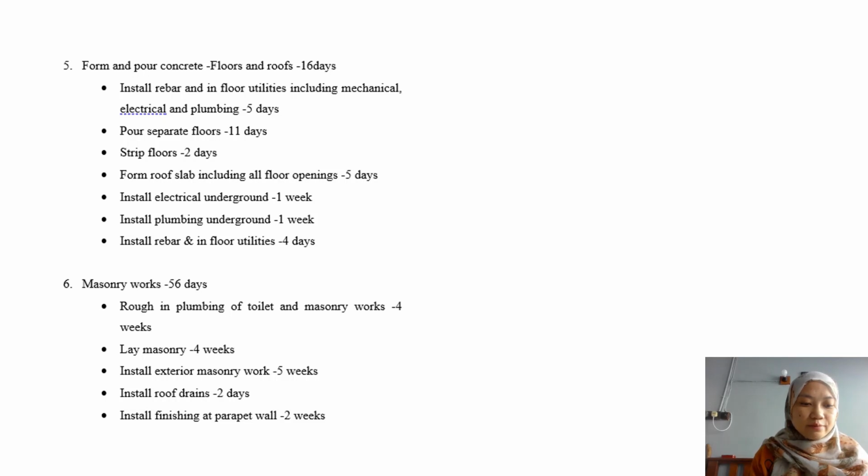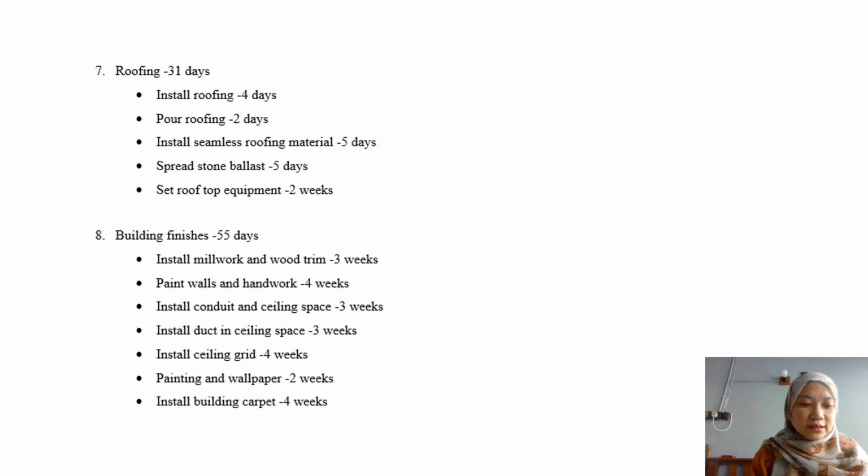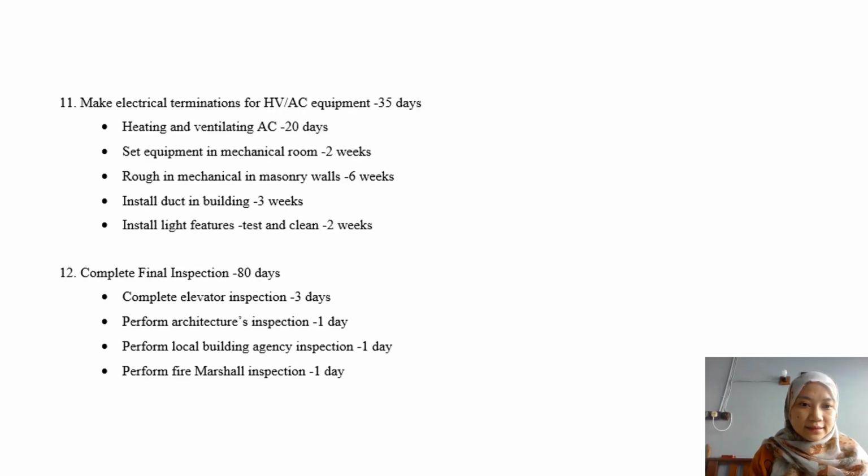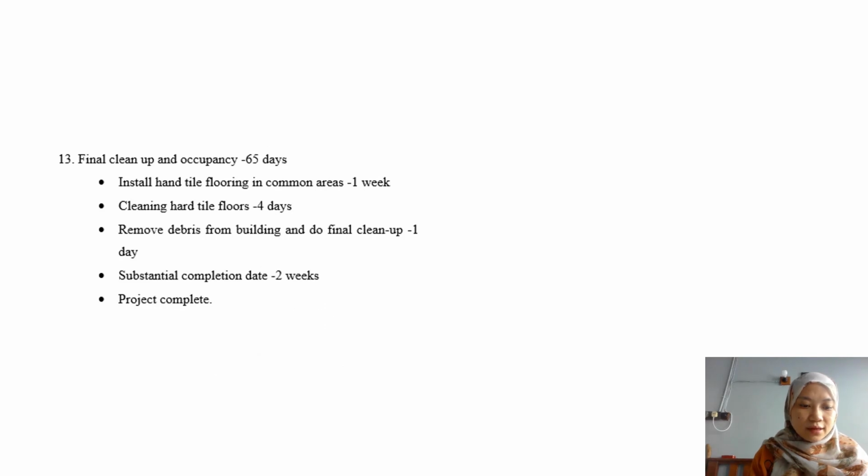Fifth is on form and pour concrete, floor and roof for 16 days, masonry works for 55 days, roofing work 31 days, building furniture 55 days, plumbing 64 days, electrical 91 days, make electrical termination for HVAC equipment for 35 days, complete final inspection for 80 days, and lastly, final cleanup and occupancy for 65 days and the project is complete.